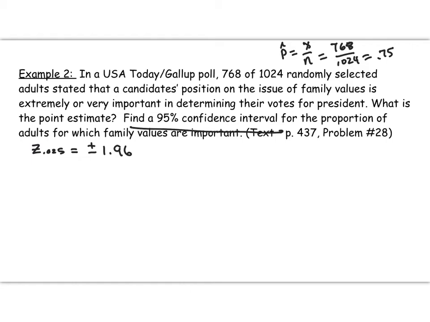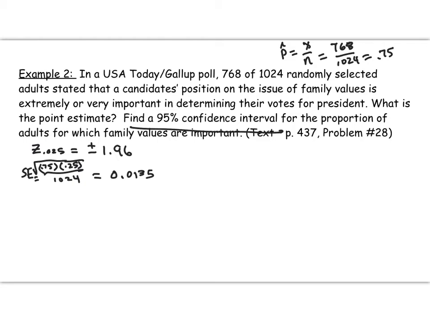The other thing we're going to want to find is the standard error. Since our point estimate is 0.75, then q hat is going to be 0.25, and our sample size is 1,024. When we take the square root of all of that, I get 0.0135.